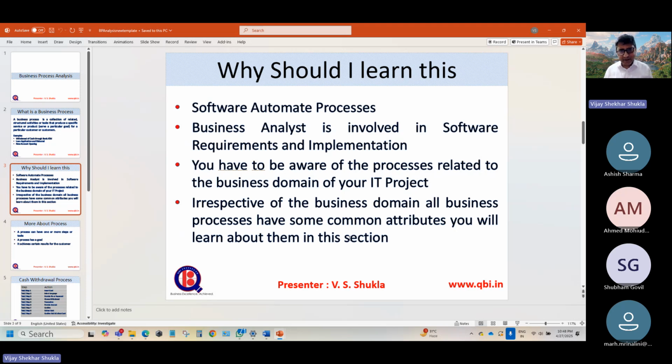So you have to identify each of these steps. So every business process, irrespective of the business domain, has got common attributes. For your business domain, you have to be aware of the processes related to your domain. Because you see, with time, when you will gain experience, people would like to leverage your experience. And you will also command a higher position and a higher salary in the market.